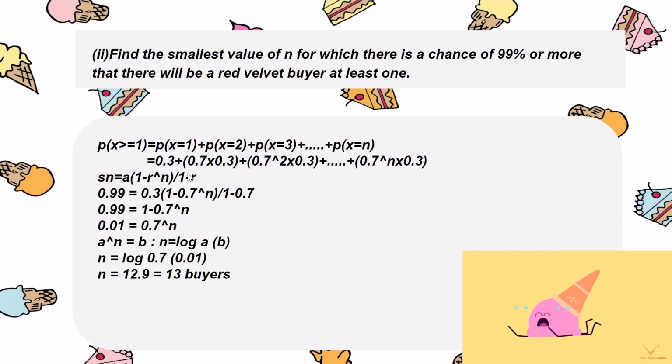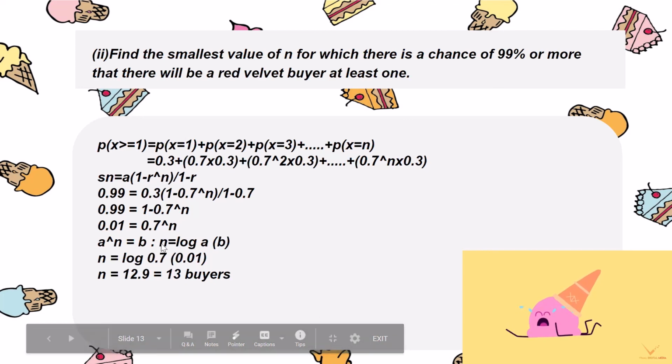Divided by 1 minus r, which we can write as 1 minus 0.7 because 0.7 is r. So 0.99 equals 0.3 times (1 minus 0.7 to the power of n) over 1 minus 0.7, and 1 minus 0.7 is 0.3, so we can cross out 0.3 and 0.3. We come up with 0.99 equals 1 minus 0.7 to the power of n. So I can move the 0.7 to the left and 0.99 to the right: 0.01 equals 0.7 to the power of n.